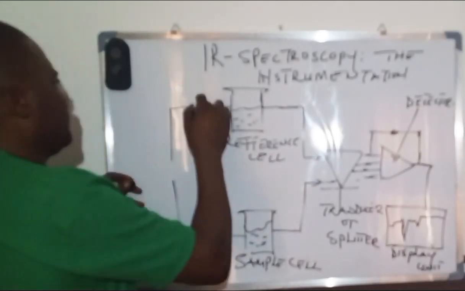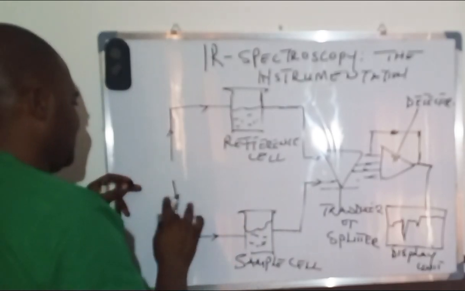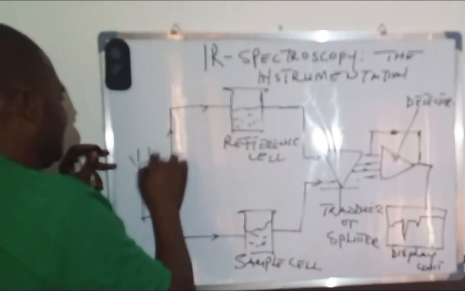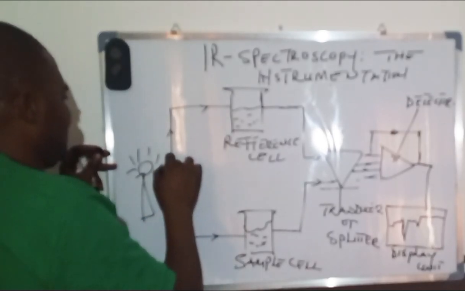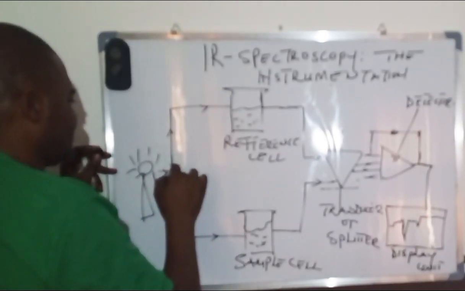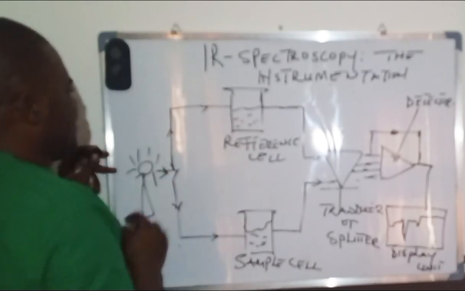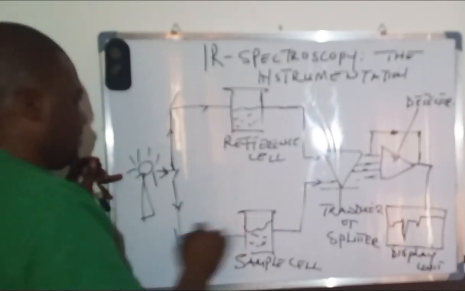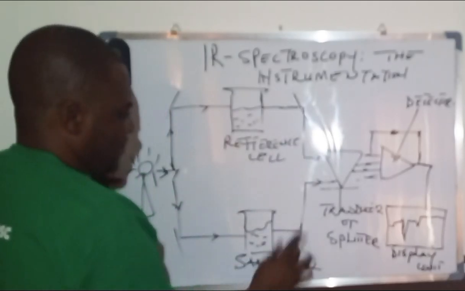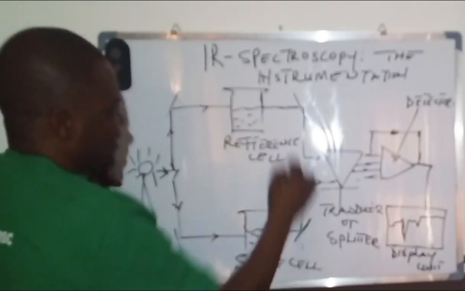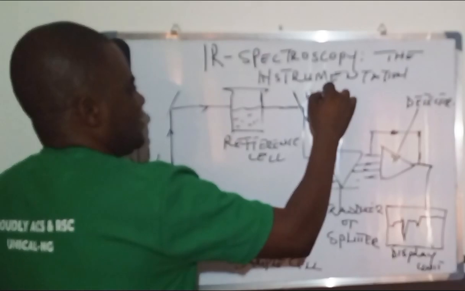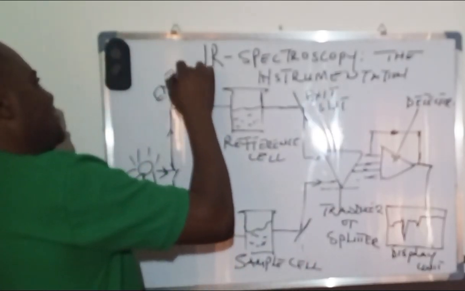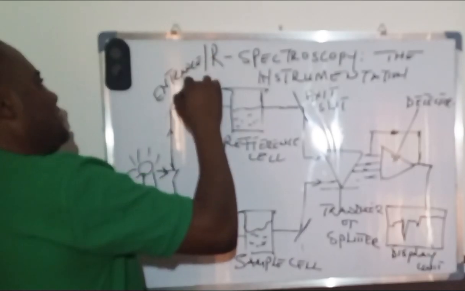And then of course here is your lighting source. Now when you take a look at what we have here, of course this is your exit slit, while this is your entrance slit.